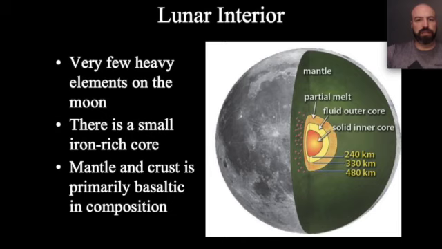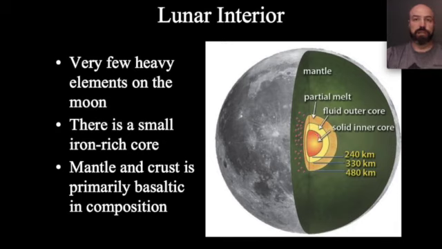So let's talk about the moon, how it's made up. This green area is the mantle. We have a solid inner core, a fluid outer core, partially melted. There are actually very few heavy elements on the moon. Most of them are lighter elements. The core itself is iron, but most of the iron is down towards the center, and that's all because of density.